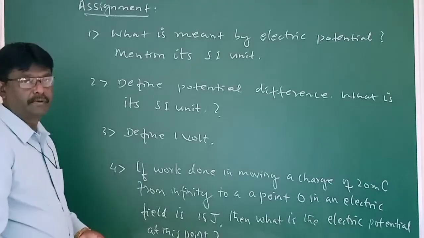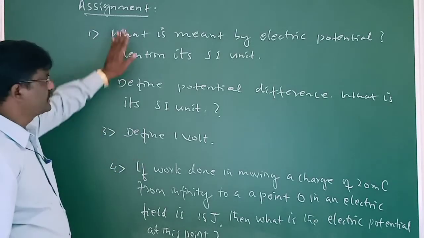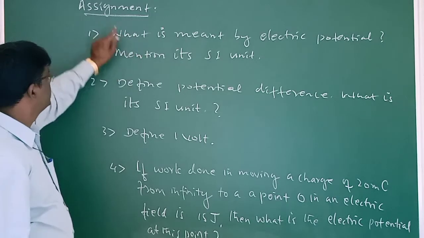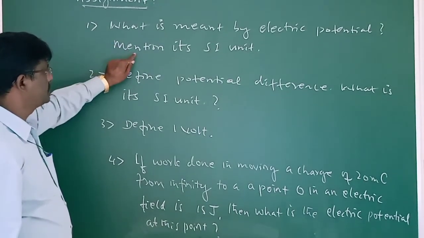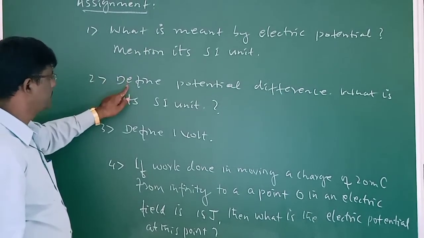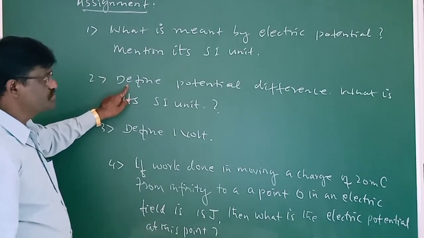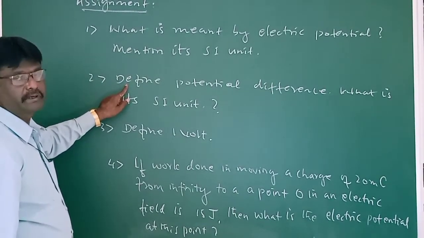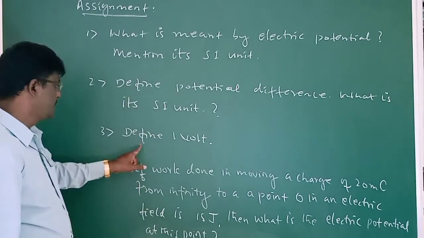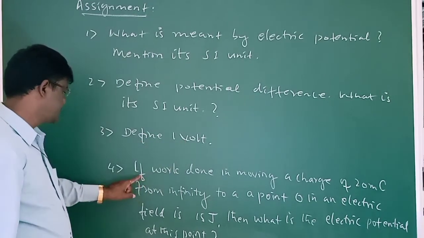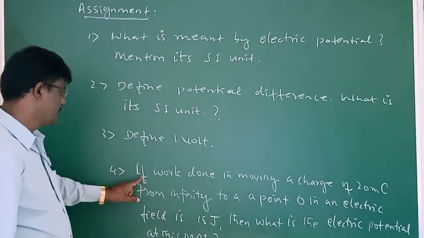Okay children, do one small assignment on today's topic. The first one, what is meant by electric potential? Mention its SI unit. Second one, define potential difference, nothing but electric potential difference only. What is its SI unit? Define 1 volt. The next, only one numerical problem.